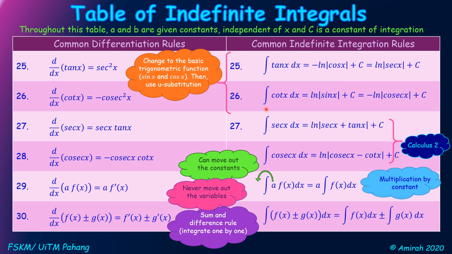Same goes for integration of cot x dx. If we want to integrate cot x dx, the answer does not equal negative cosec squared x, but we need to change into the form of cos x over sin x first, then we use u substitution, then after we integrate, we will have ln sin x plus c. We will discuss later here.